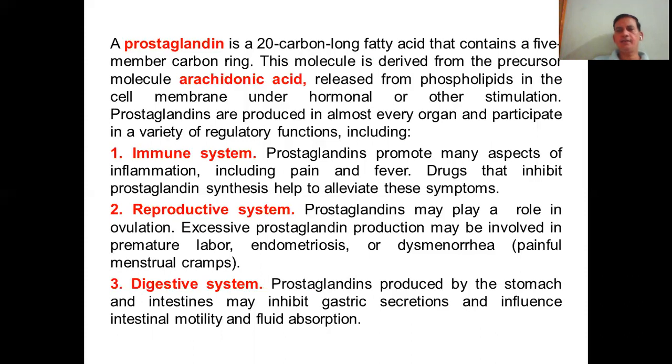In the digestive system, prostaglandins may inhibit gastric secretion, and they also influence intestinal motility and fluid absorption. So in instances where excess prostaglandin secretion is there, a person may experience indigestion.